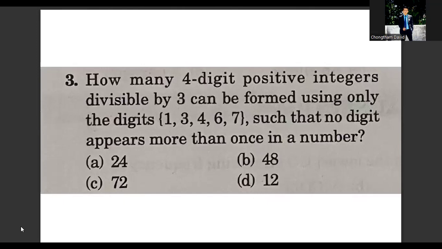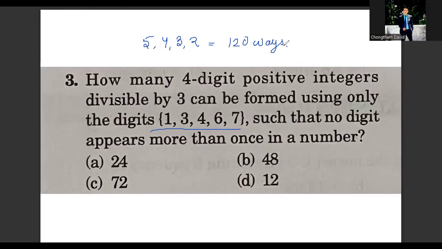To form a four-digit positive integer divisible by 3 using these digits, we need to consider the divisibility rule for 3, which states that the sum of the digits must be divisible by 3. So let's count the arrangements of the digits. There are 5 times 4 times 3 times 2, which equals 120 ways to arrange the digits to form the four-digit numbers.